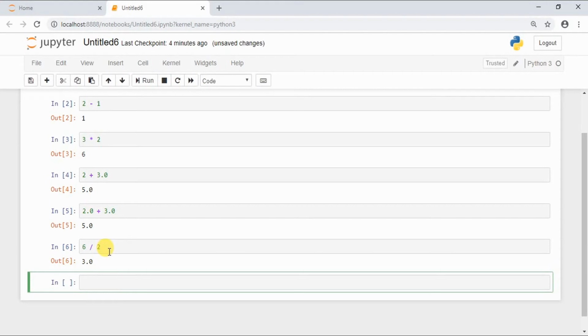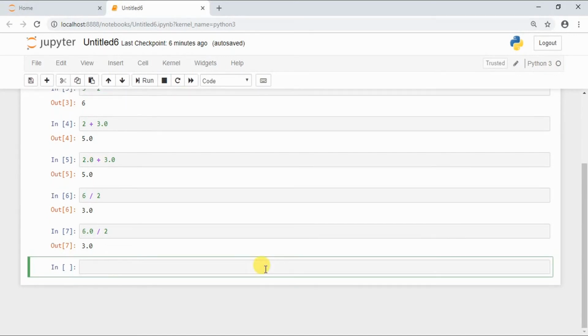So even if you are doing the division between two integers, still we are getting the result in floating point. Then what if we do it between one floating point number and another integer? Again, the result is a floating point number. So it doesn't matter whether you are using the division sign between two integers or floating points, we always get a result in floating point format.